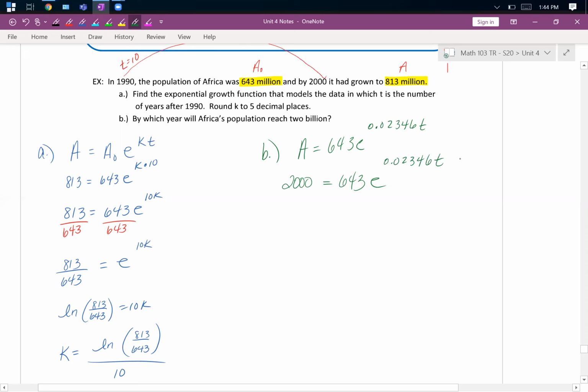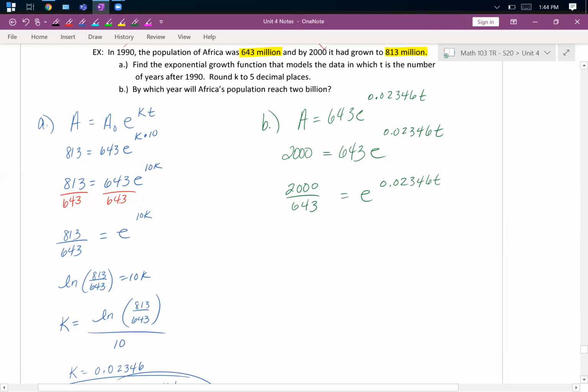And we solve for T. So it's the same process. We're going to isolate the exponential by dividing. We're going to rewrite it in logarithmic form.